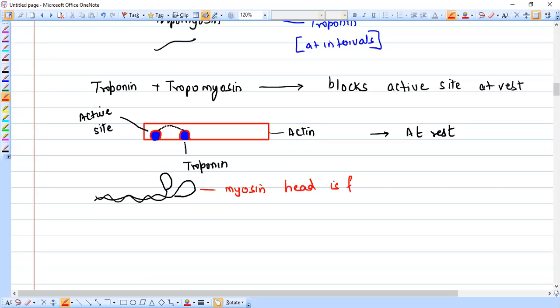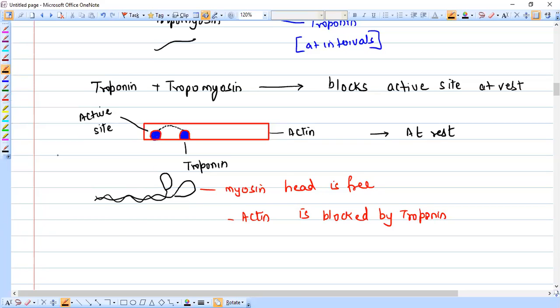And since the myosin head is free, it cannot bind to the active site. Why can it not bind to the active site? Because the actin is blocked by troponin. Somehow, if I can remove the troponin, then the head can easily bind to that active site.